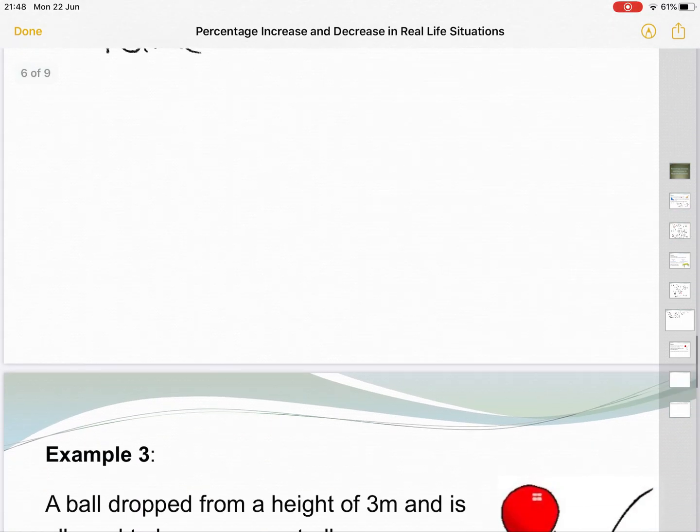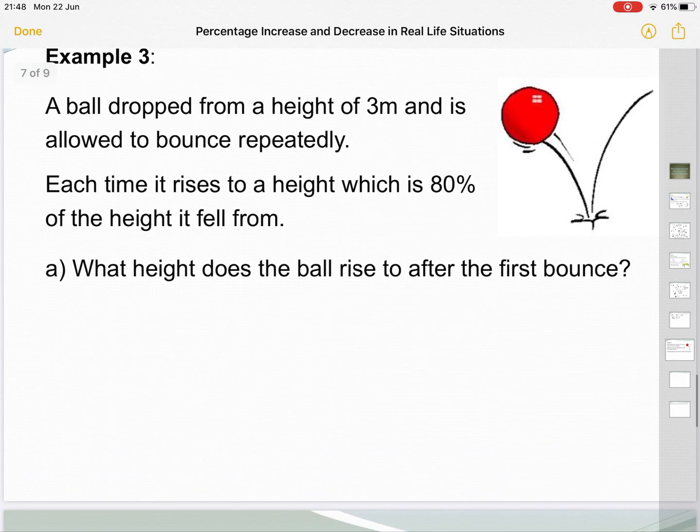Okay, so this is the second example. The third example, all right, let's discuss this third example now. A ball is dropped from a height of 3 meters and is allowed to bounce repeatedly.